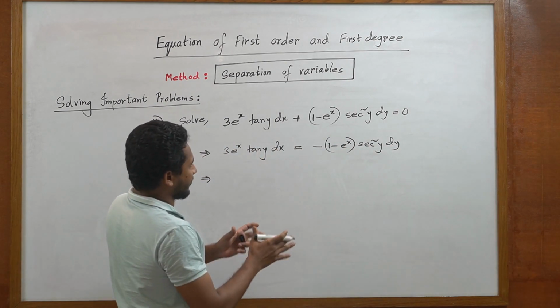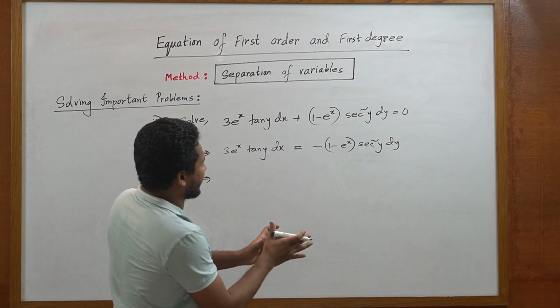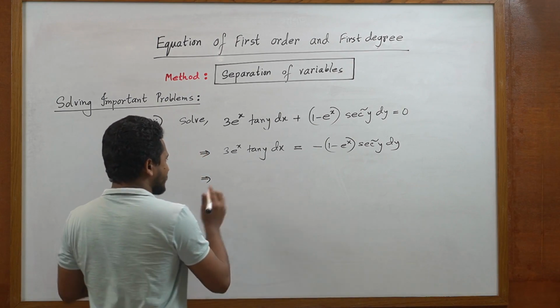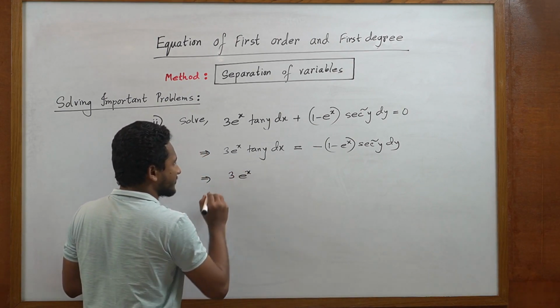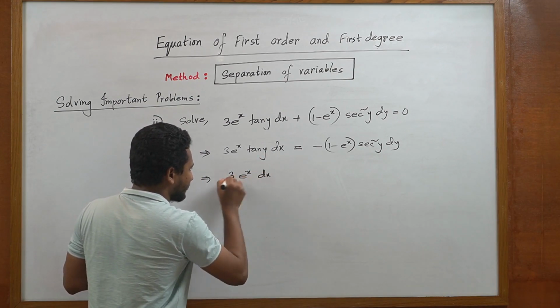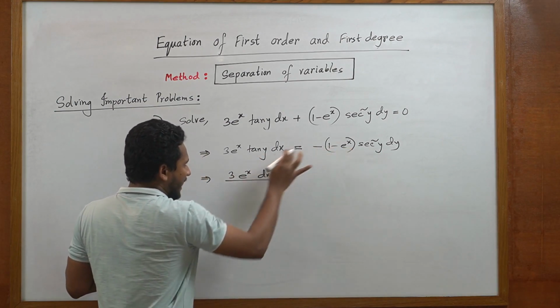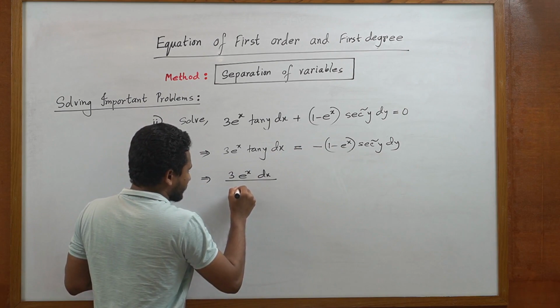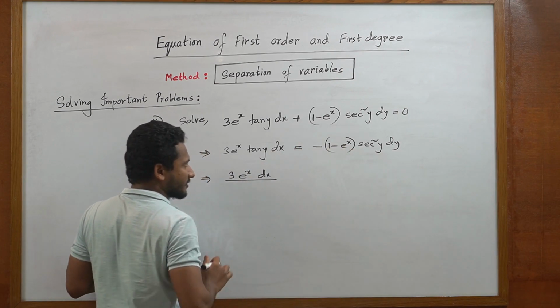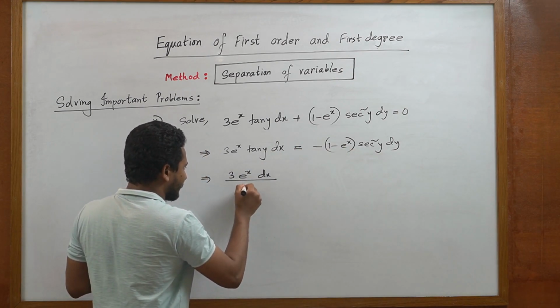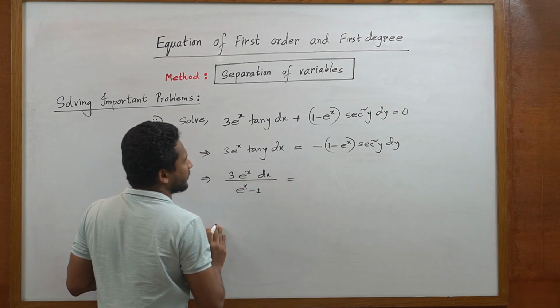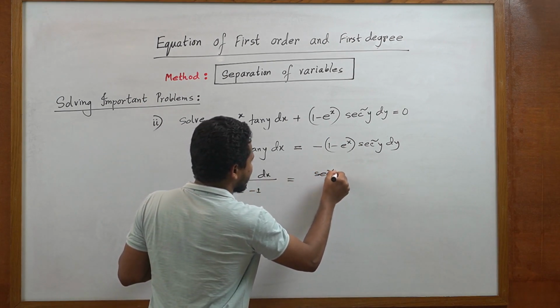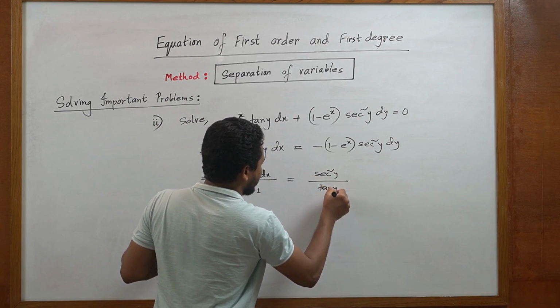We will take the function of x at one side, so 3 e to the power x dx by 1 minus e to the power x, and minus into 1 minus e to the power x equals e to the power x minus 1, equals sec square y by tan y dy.